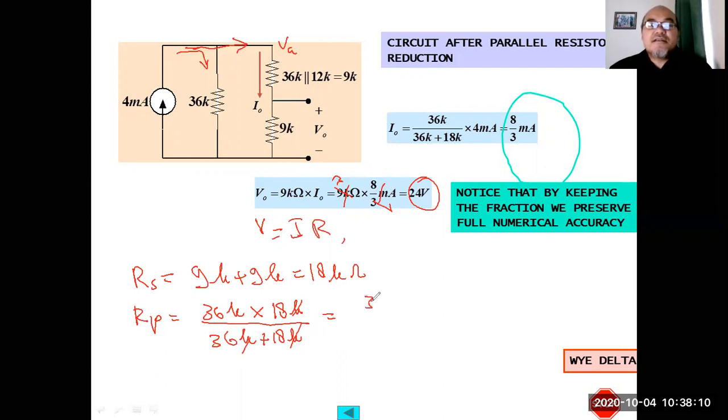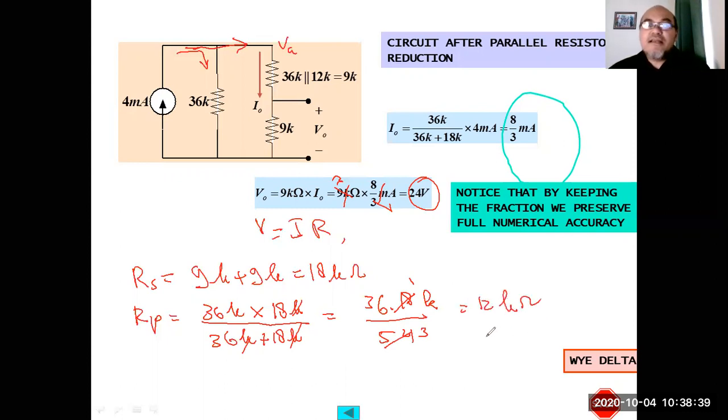So this 36 multiplied by 18, this kilo divided by 36 plus 18 is 54. Okay, 54. So then we can divide 18, this is equals to 1, so this equals to 3. Okay, 36 divided by 3 equals to 12 kilo ohm.